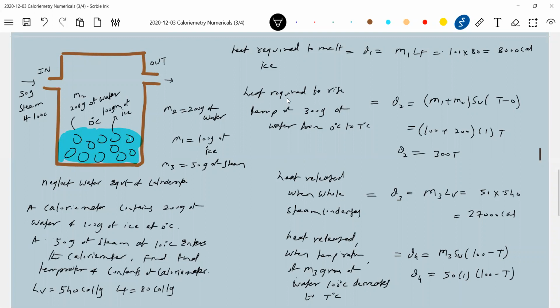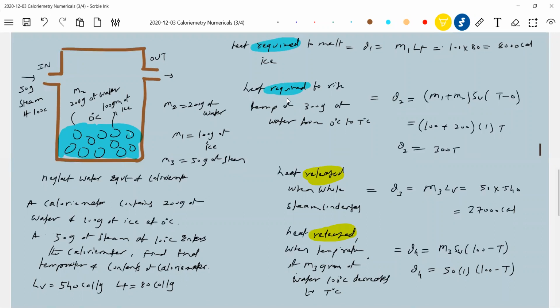Okay, now what shall I do after this? Q1 plus Q2 should be equal to Q3 plus Q4. See, I try to look at these words: required, released. So tell me, the heat released, who will take it? The one who requires. So Q1 plus Q2 should be equal to Q3 plus Q4.